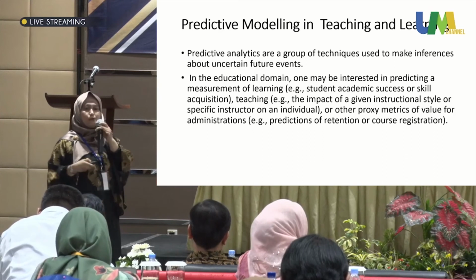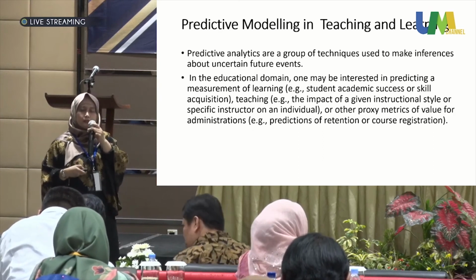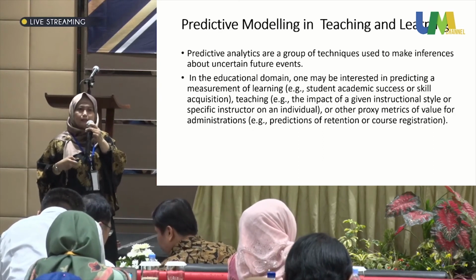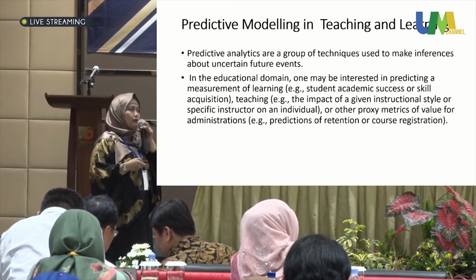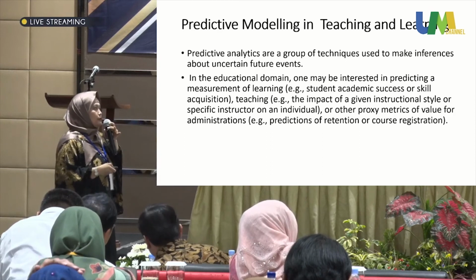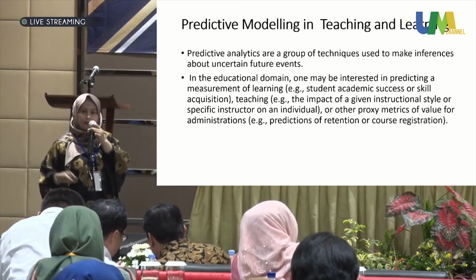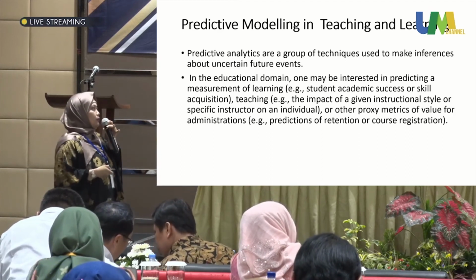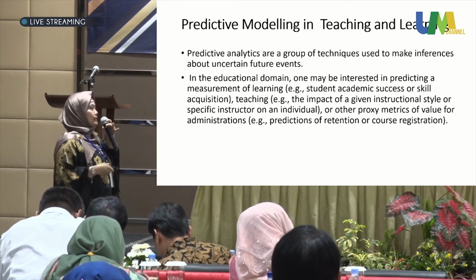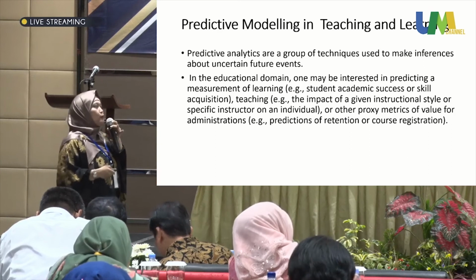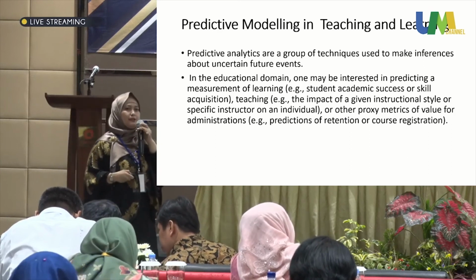Predictive modeling is very important to target the specific buyer, the customer. So it can reduce the cost of advertising as well. So this is a very popular technique in the big data era.